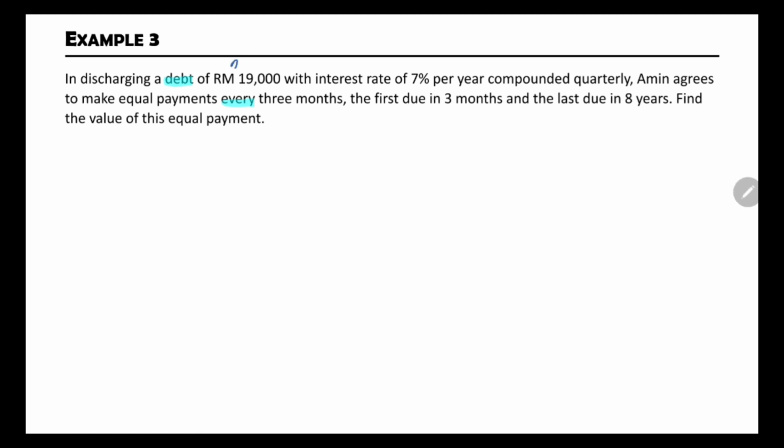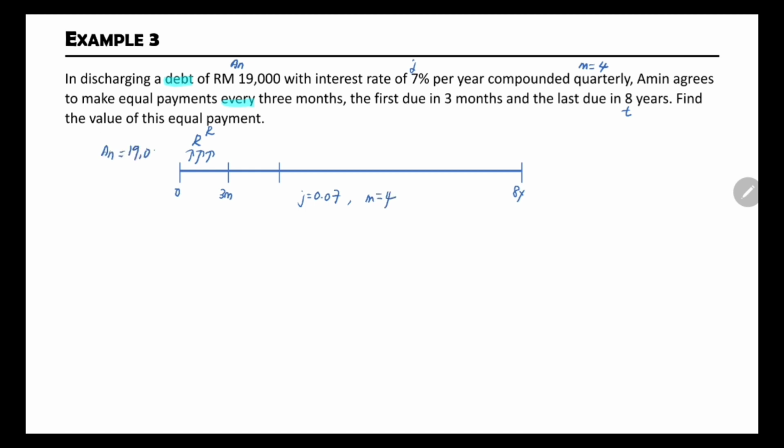This is the value of A_n, 19,000, the amount we already have, and an interest rate of 7% compounded quarterly, m equal to 4, and the last due in 8 years, so t equals 8. Find the value of this equal payment. We're looking for R. R is the amount of payment every 3 months, the last due in 8 years, with j equal to 0.07, m equal to 4, and A_n is 19,000.